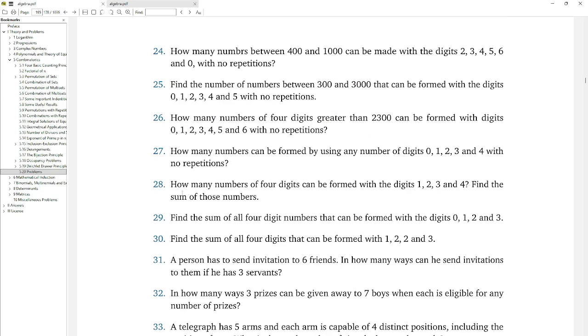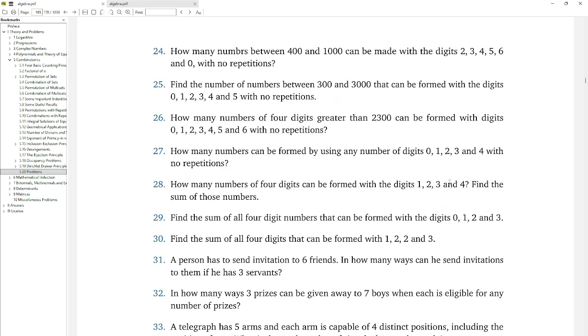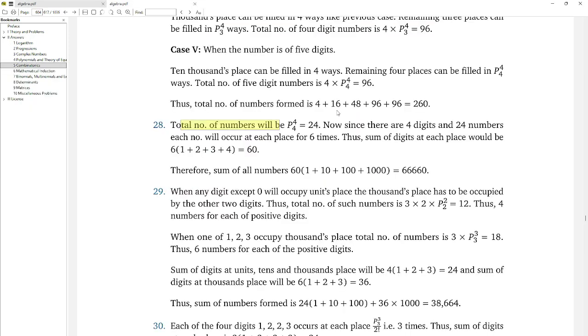Question 28 says that how many numbers of four digits can be formed using the digits 1, 2, 3, 4? Find the sum of those numbers. The total number of numbers will be 4P4, that is 24. Since there are 4 digits and 24 numbers, each digit will occur at each place 6 times.